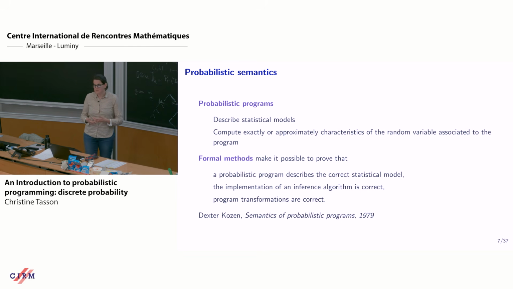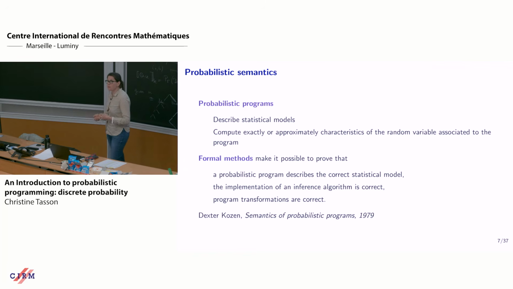And the formal methods make it possible to prove that a probabilistic program describes the correct statistical model, which is not that easy when you run the program or when you try to compute approximately its associated probability distribution. And we also want to prove that the implementation of an inference algorithm is correct. That's not easy to do either.